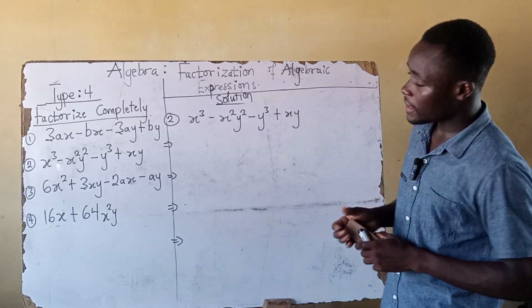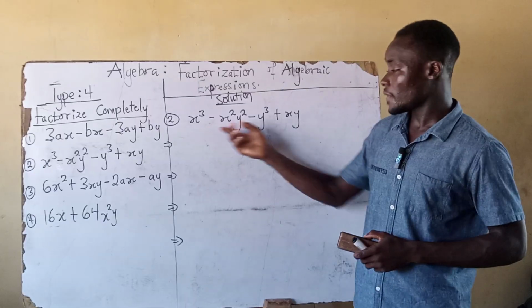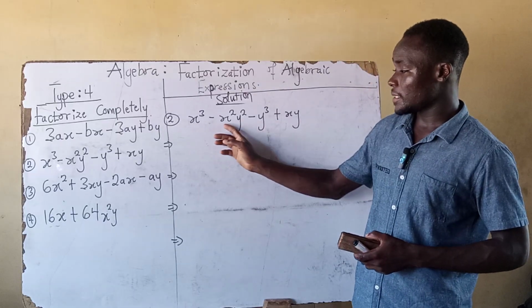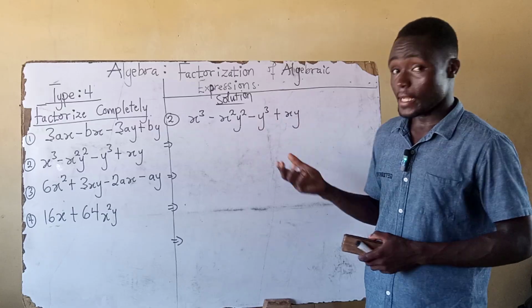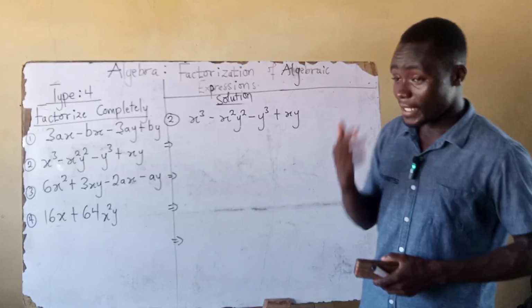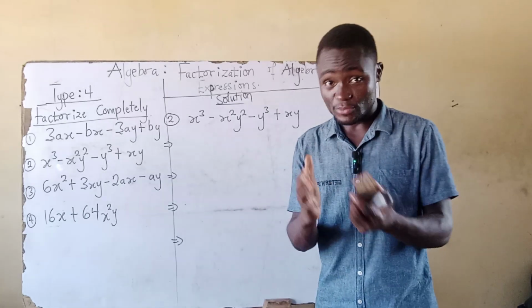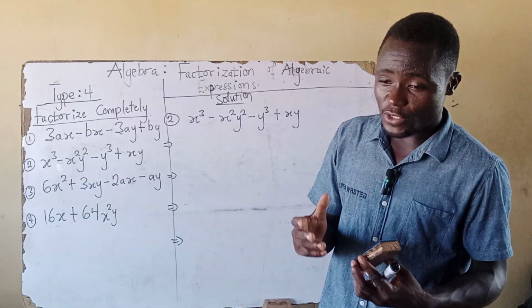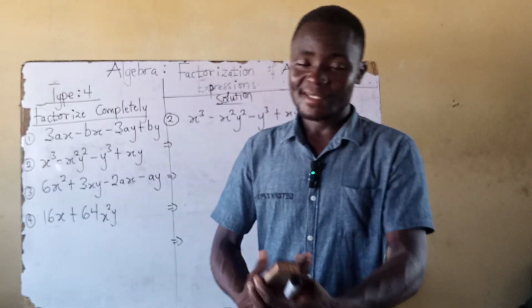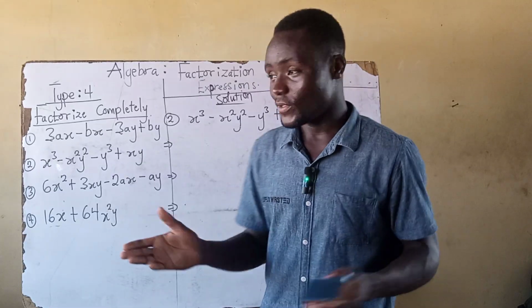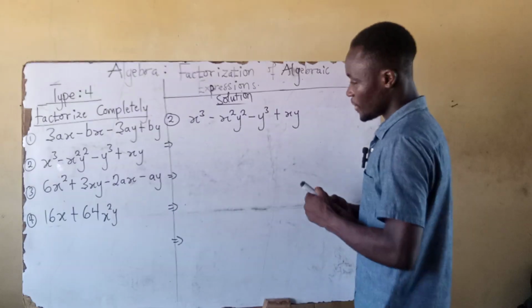Alright, so I have the expression with 4 terms over there: x cubed minus x squared y squared minus y cubed plus xy. To factorize this, I'm going to use the regrouping approach. Remember, if you factorize it straightforwardly and it's not working, you can regroup it, then after you factorize it, everything will be fine. So let's regroup it and see what is going to happen here.